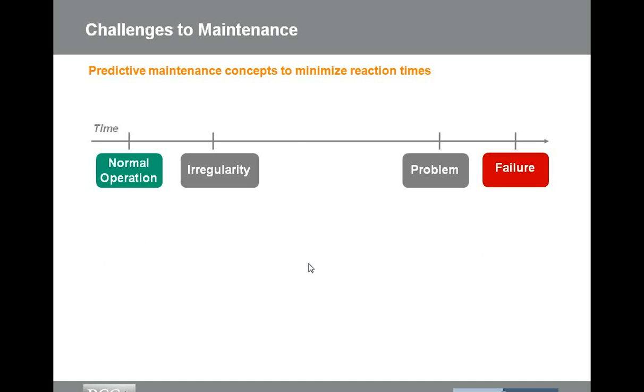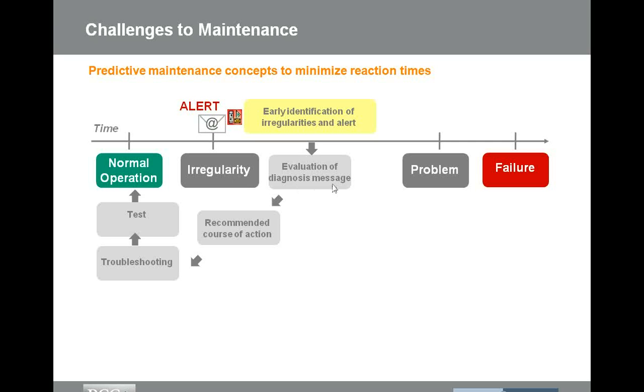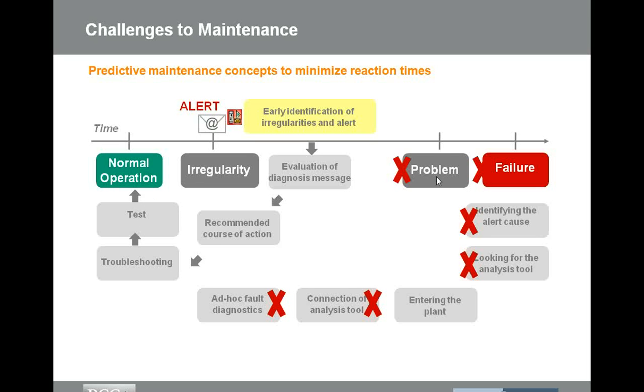We can do that using this XEPI 2 product because it will generate an alert in an email or a message, and when that alert is generated, we can then evaluate the message, recommend a course of action, do our troubleshooting and testing, and get the machine up and running, and thus eliminate the problem from occurring and the failure from occurring, and all of the other steps that are involved with that.